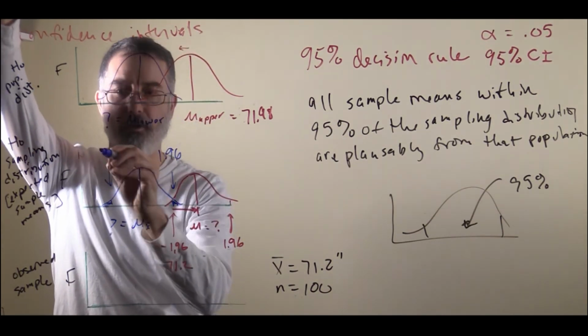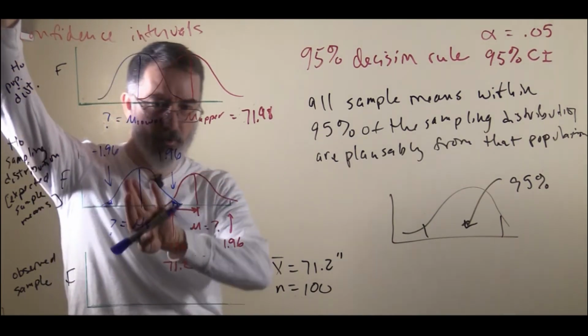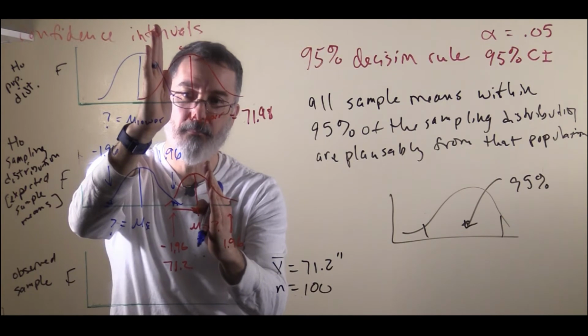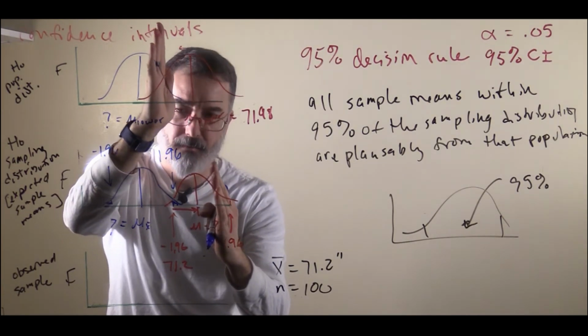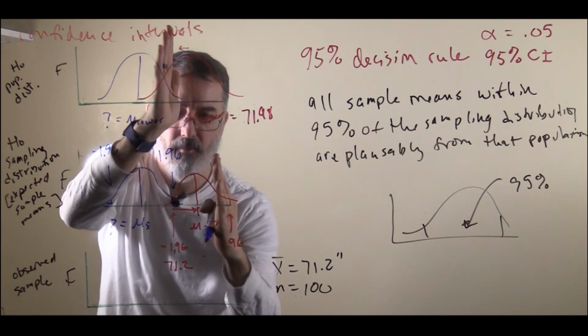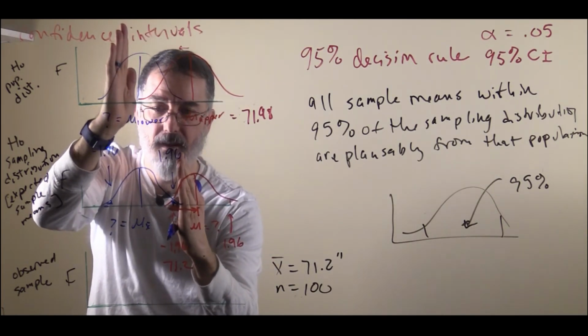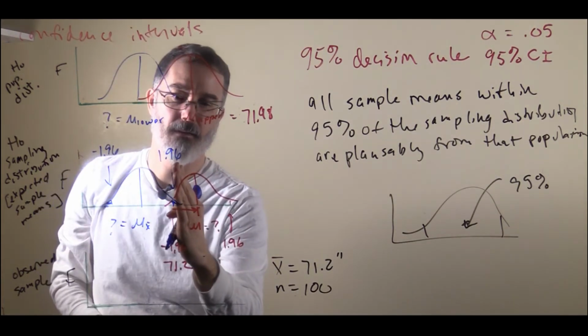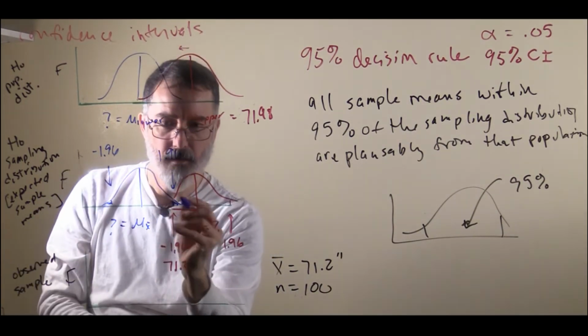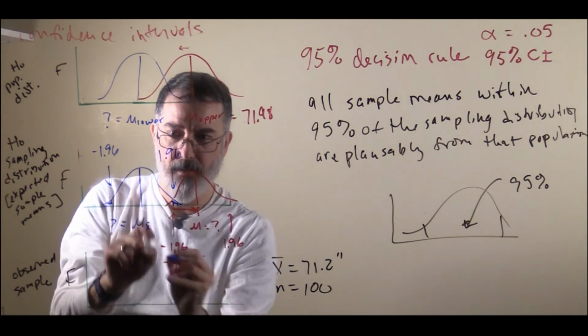The critical region on the bottom is negative 1.96, but we're only interested in the top here. This is the population whose sampling distribution is the one furthest over where our observed sample mean is still in that 95% plausibility range. And so what we need to figure out is what this score is here.